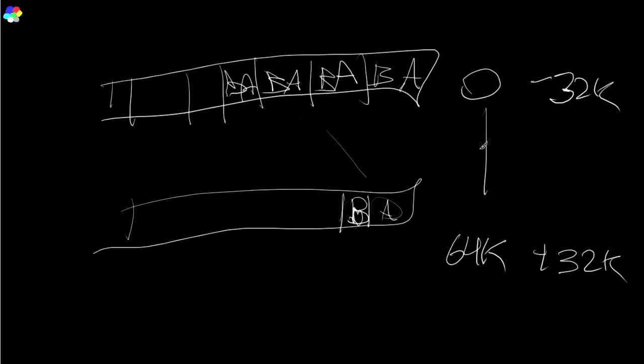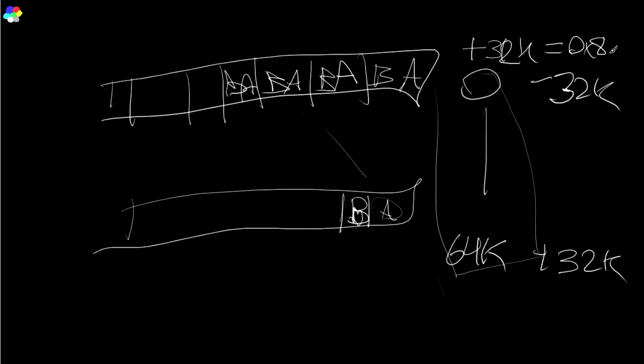So what we do is we actually add 32K to our unsigned value. We give them all a bias. So what is 32K in hexadecimal? That's 0x8000.